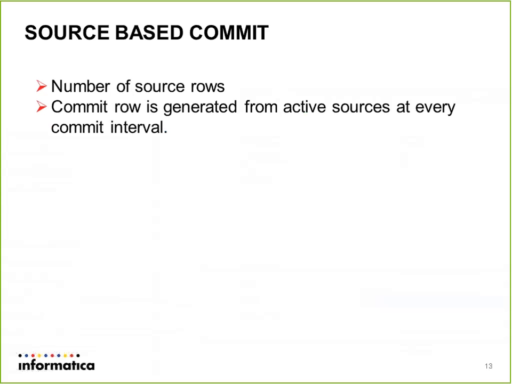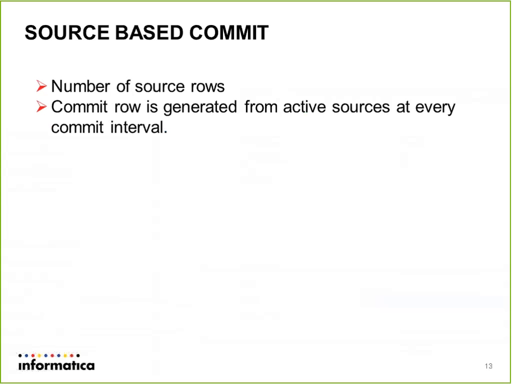So let us now go ahead and discuss source-based commit. When you run a source-based commit session, the integration service generates commits based on the number of source rows. The commit is generated at all source qualifiers and transformations that do not propagate transaction boundaries. These transformations are called active sources.